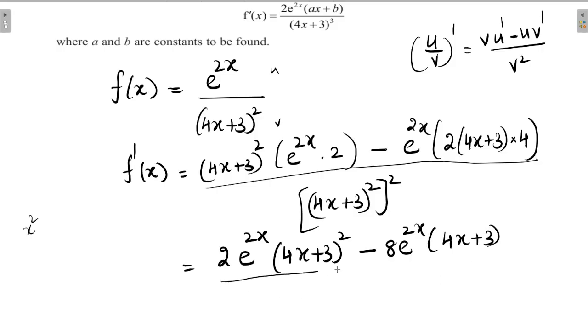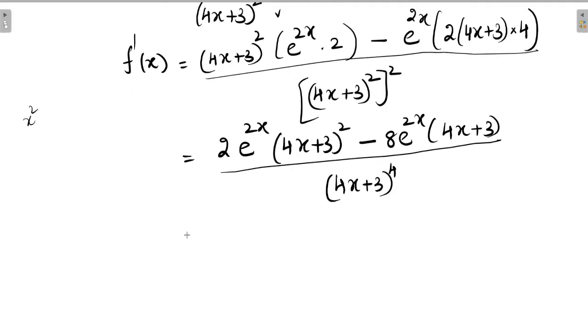The whole divided by 4x plus 3 the whole power 4. 2 times 2 is 4. Now the numerator, let us take the common factors. 2 times e power 2x is common and one more 4x plus 3 is also common factor.